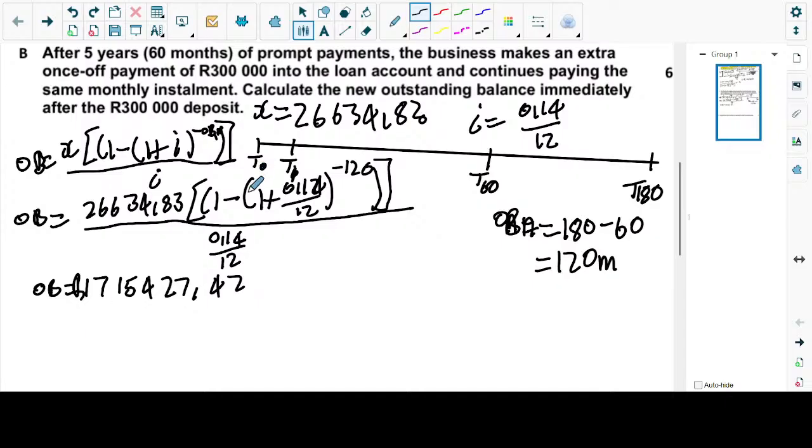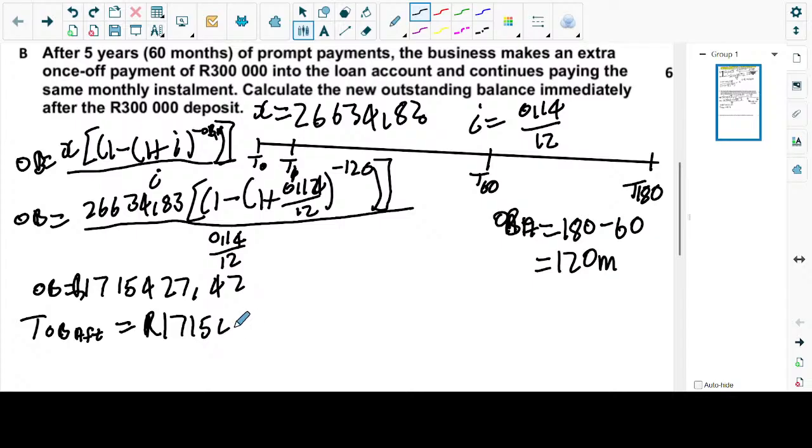Now this one is just the outstanding balance, so we're going to talk about the total outstanding balance after payment, total OB. So we have the 1.7 million, rands.